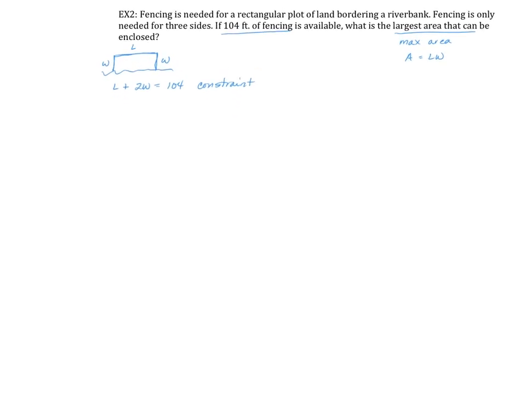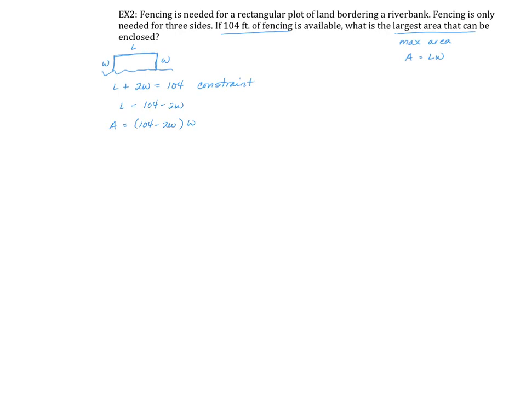Next step, take that objective function and write it in terms of one variable. So I'm going to take my constraint and I'm going to solve it for L by subtracting 2W from both sides. So the area is 104 minus 2W times W. Next, I need to find my interval of interest.